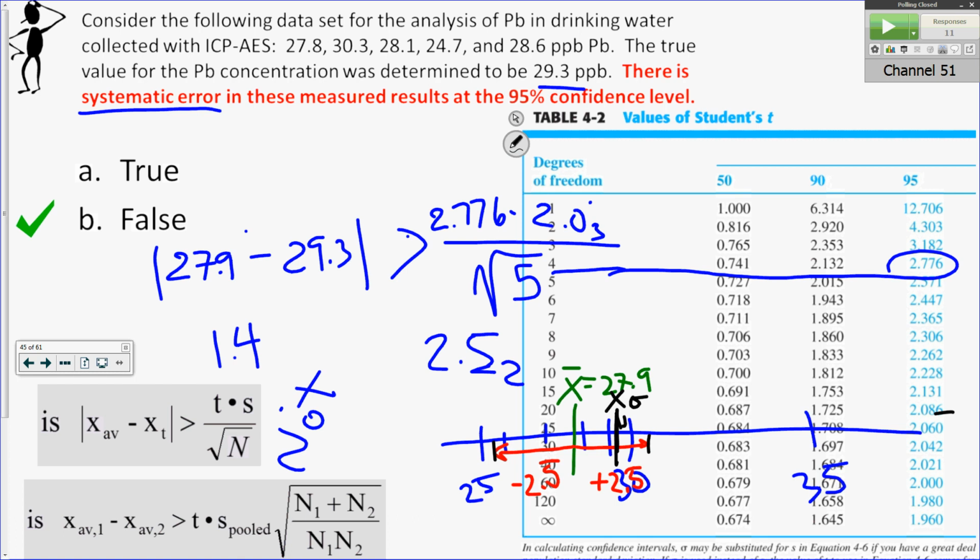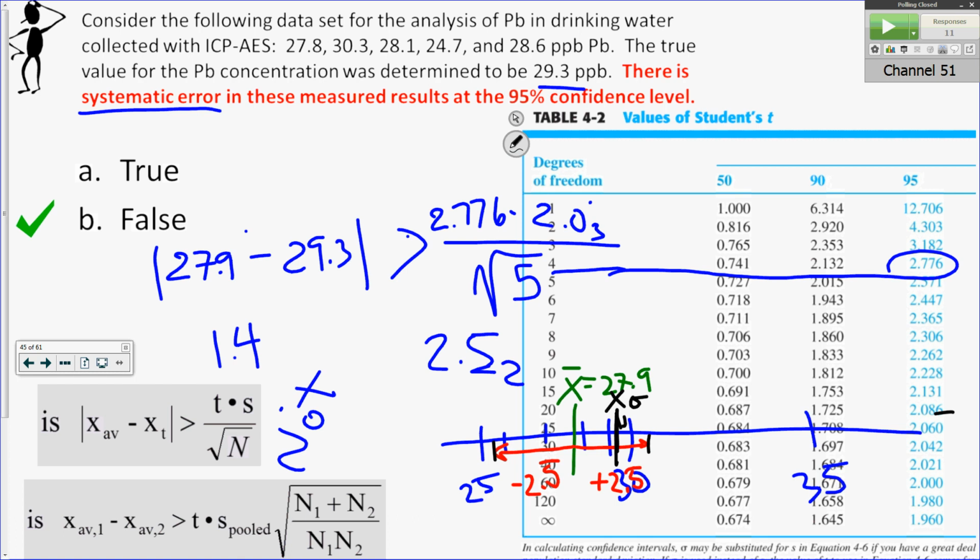We're looking for, and this is the same thing the previous question was asking: is there a bias or systematic error? Is there a deviation from the truth? If you didn't want to work it all out and it was just a true or false question, you could just do that check. In this case, that's exactly what you're doing.